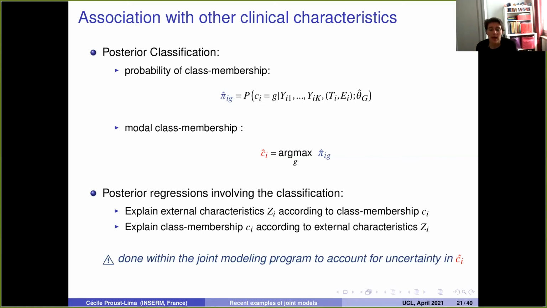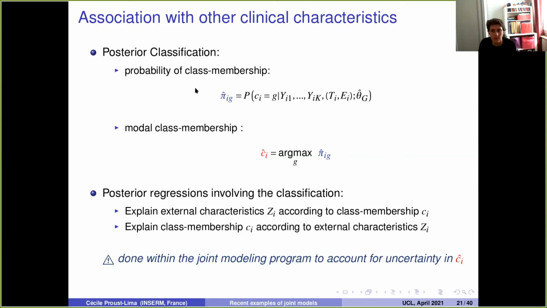If we want to explain those latent classes, we can use some posterior regressions that will involve the classification, that can be either to explain external characteristics Z according to the class membership C, or to explain the class membership C according to those external characteristics Z. In both cases, the problem is that this has to be done with C, and we don't know C because this is a latent variable.